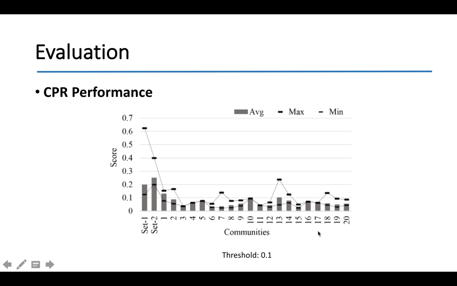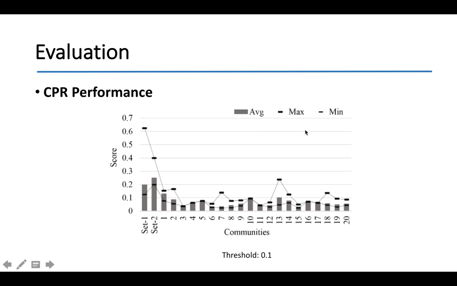There are a total of 20 communities containing the 500 users. And these two sets are the two confirmed marketing teams I mentioned above. The y-axis here is the CPR score. I computed the average CPR value of each community and recorded the maximum and the minimum values meanwhile.